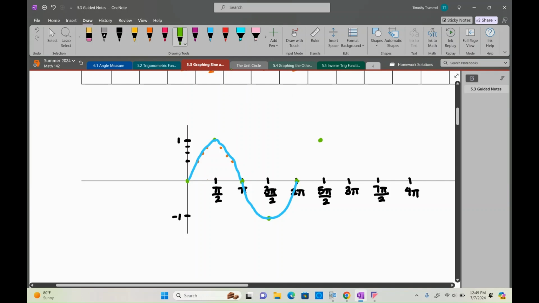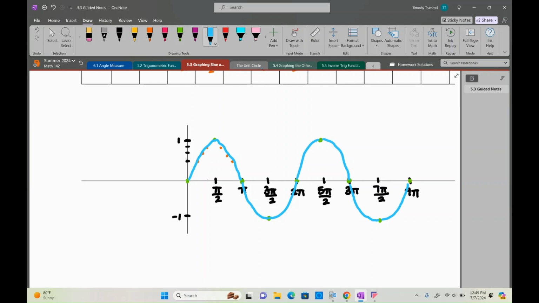And so you can kind of fill these in really quickly once you know the pattern that this is going to follow. But again, I'm at the middle of the wave, to the top, top to the middle, middle to the bottom, bottom to the middle. And it's just going to keep repeating this process over and over and over again here.